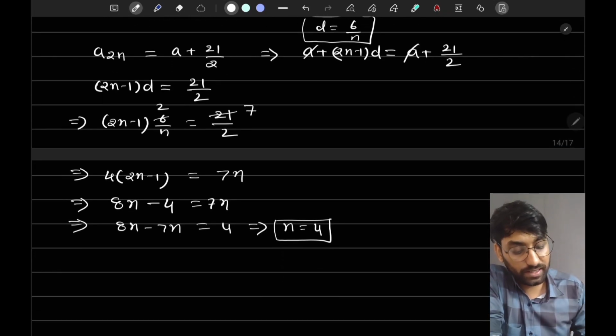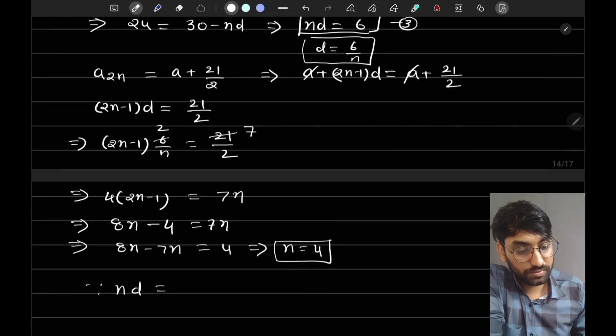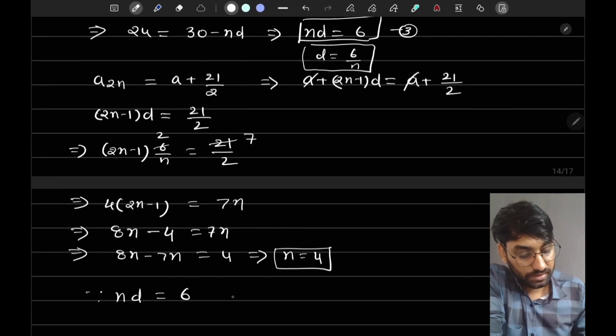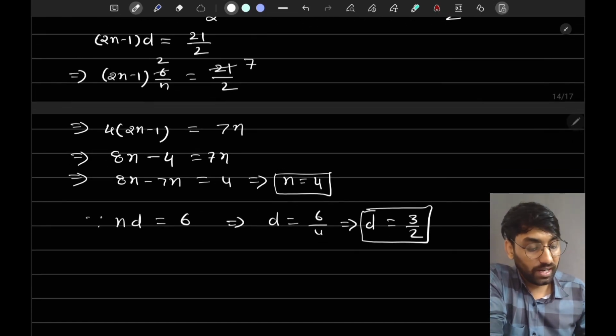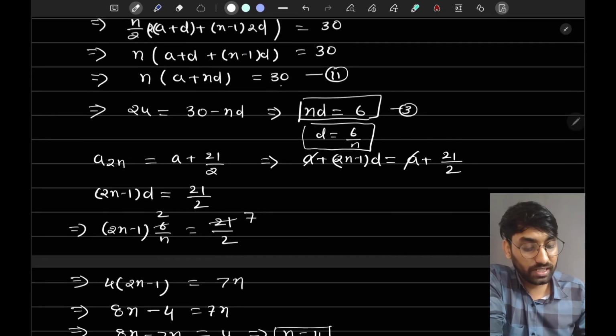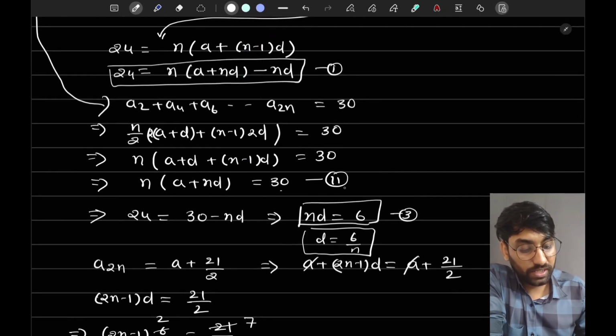Since nd equals 6, this implies d equals 6 by 4, so d equals 3 by 2. Now I have the value of d and the value of n. Then from equation 2, I can easily find the value of a as well.